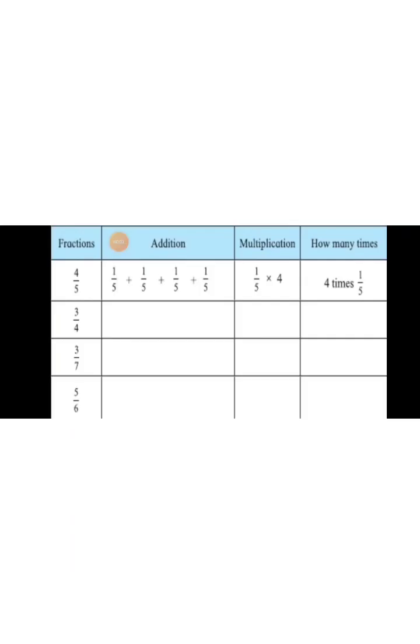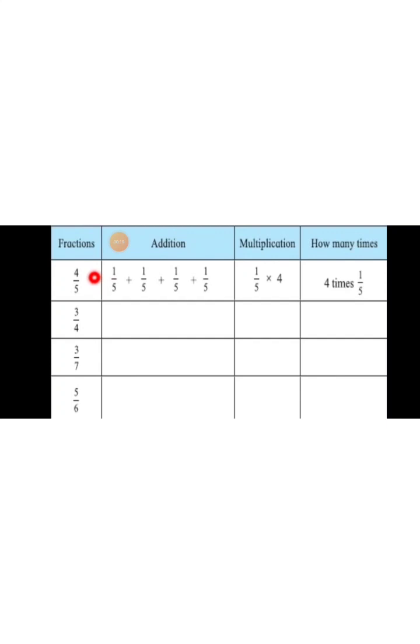Children, now let us add the fraction. Now you can see the first fraction is 4 upon 5. So 4 upon 5 means 5 equal parts and out of that 4 parts are taken away.